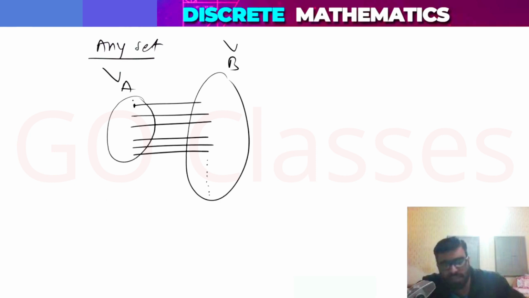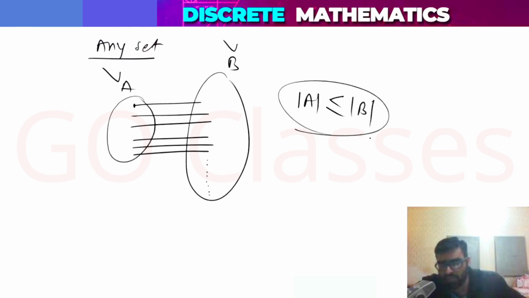Basically the point is that if you have an injective function from set A into set B, then we say that cardinality of A is less than or equal to cardinality of B. This is actually quite intuitive, but the proof is very hard.